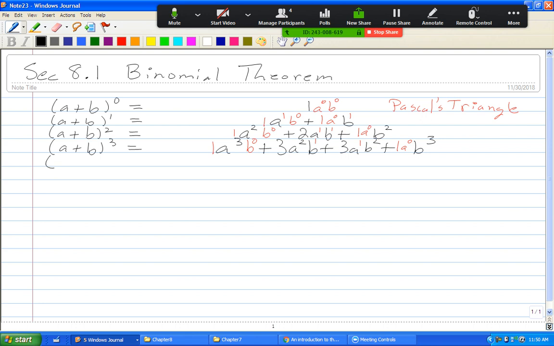So now, if I wanted to do a plus b to the 4th, well, I can figure it out. It's got to be the rest of Pascal's triangle, so it's got to be a 1. And then you start with a to the 4th, and then you put b to the 0.